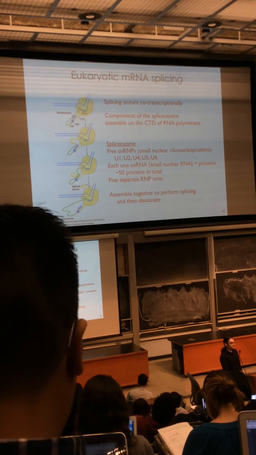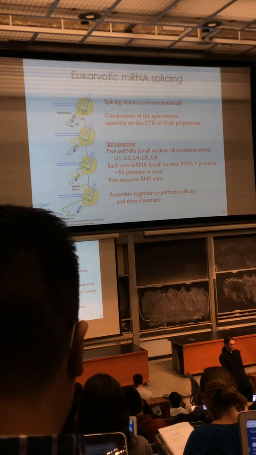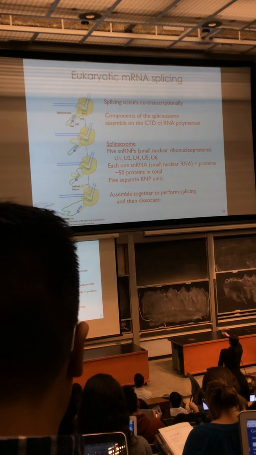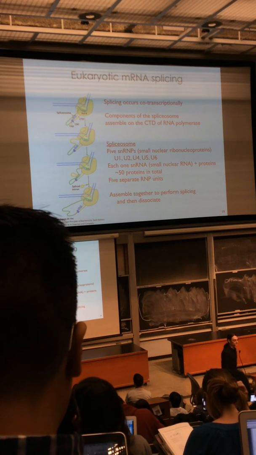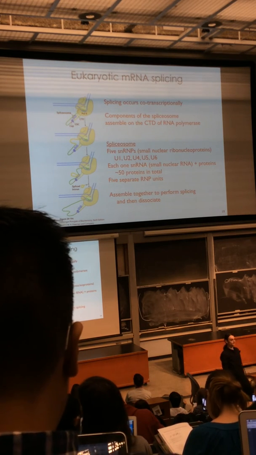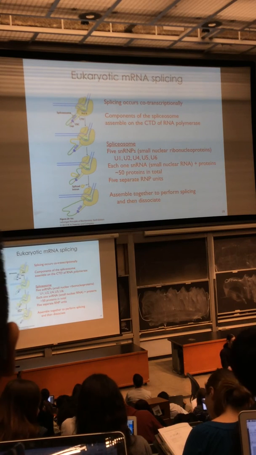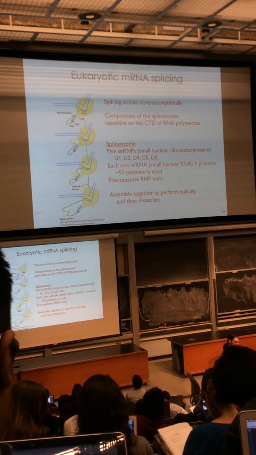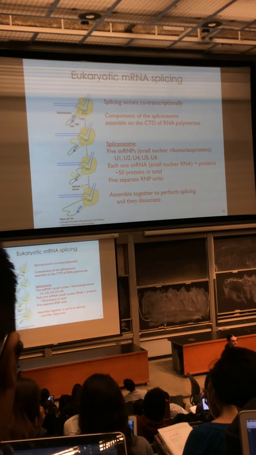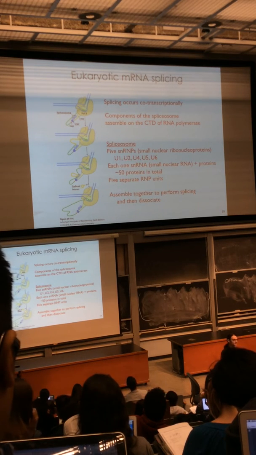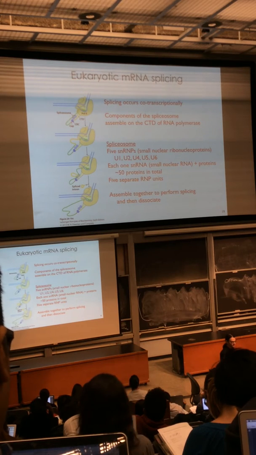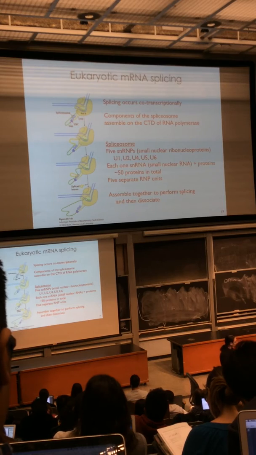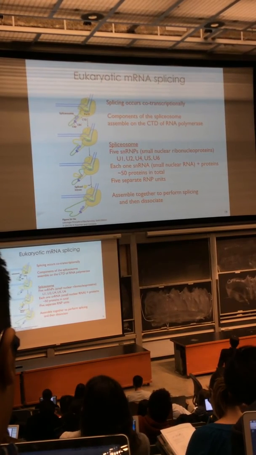So splicing, as I mentioned, a substantial amount of splicing occurs co-transcriptionally. And again, components of the spliceosome can assemble on the C-terminal domain of RNA polymerase to interact with the growing transcript. So the spliceosome is actually composed of 5 separate complexes. Each of these complexes is called an snRNP, which people often pronounce snurp. And so they're U1, 2, 4, 5, and 6.